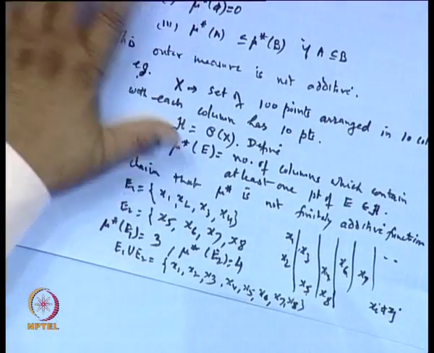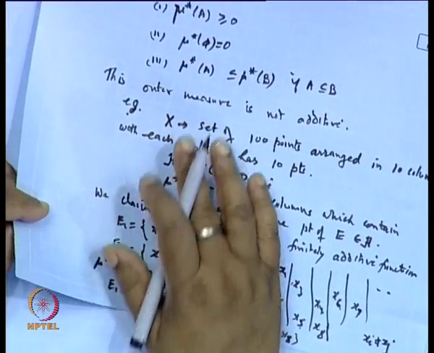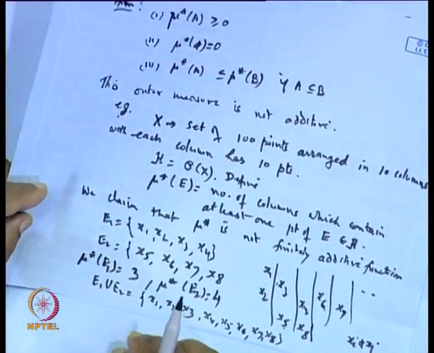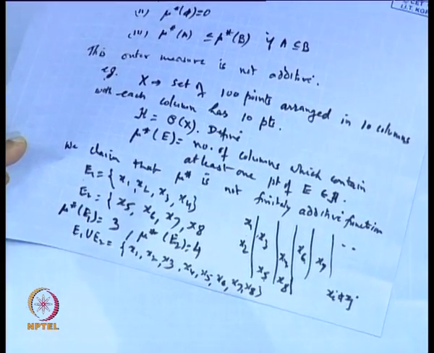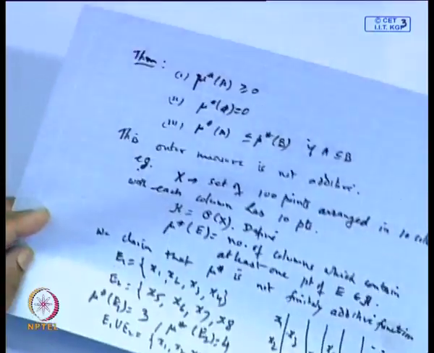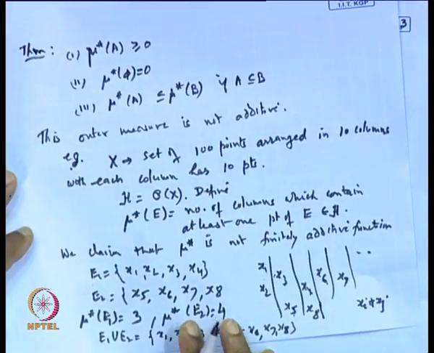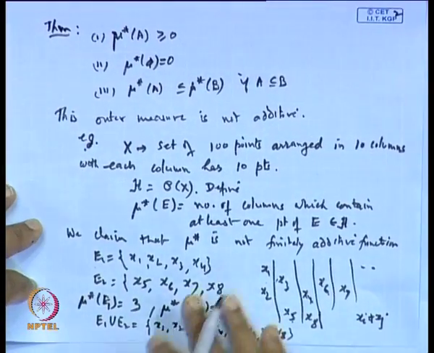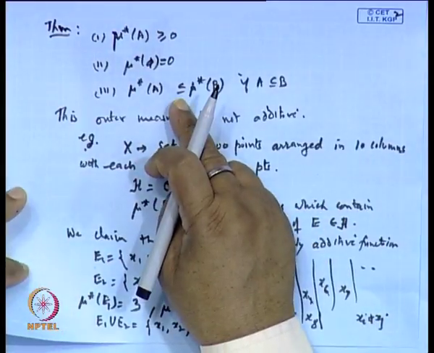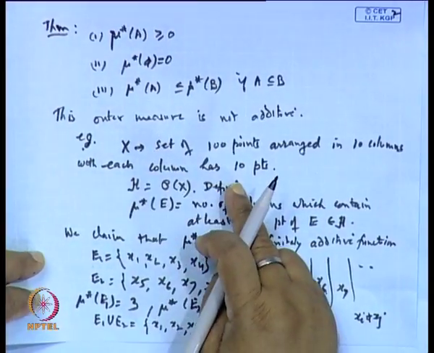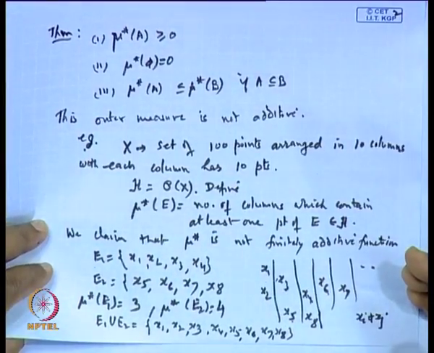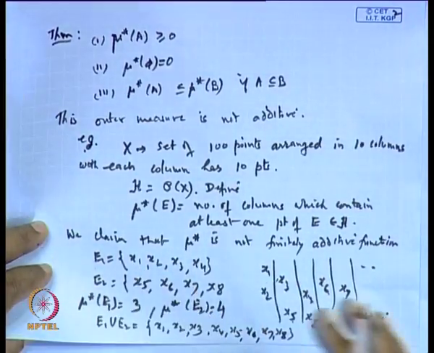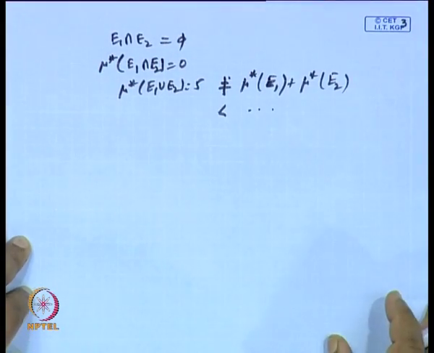So, though we have introduced the concept of the outer measure, which is the Lebesgue outer measure, this has a drawback: it is not an additive function. So, what we are interested in is identifying those elements of X, those Lebesgue measurable sets, which decompose each set in such a way that the outer measure becomes additive, and those sets we call measurable sets.